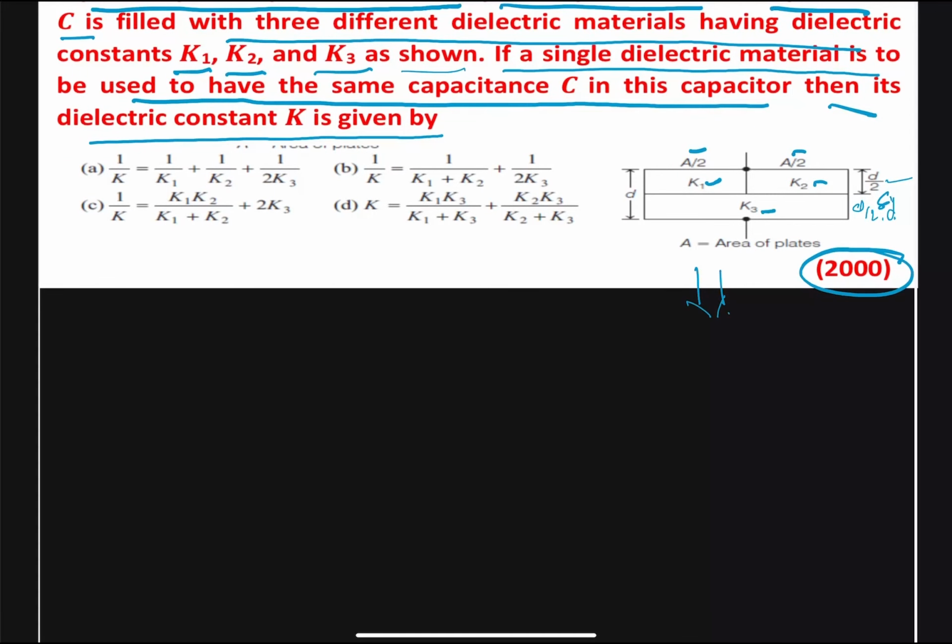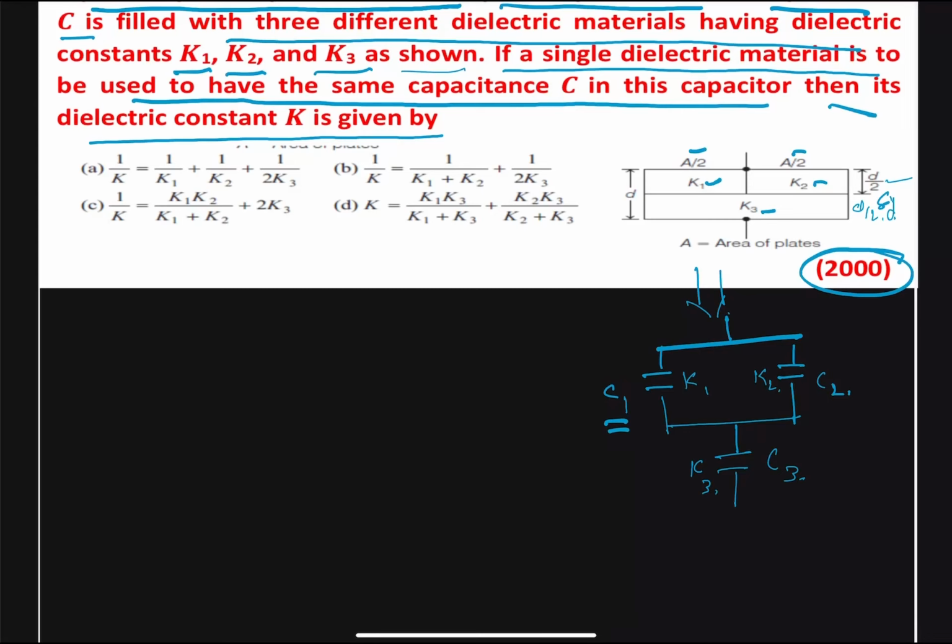K3 is represented as capacitance C3, and K1 and K2 will be coming in parallel. K1 gives a capacitance C1, and K2 gives a capacitance C2.